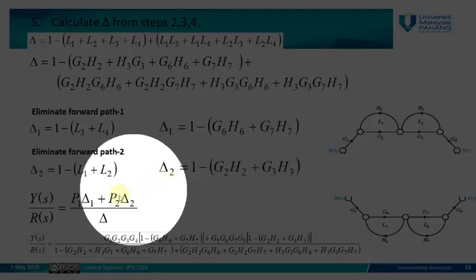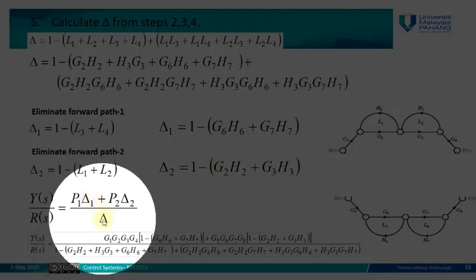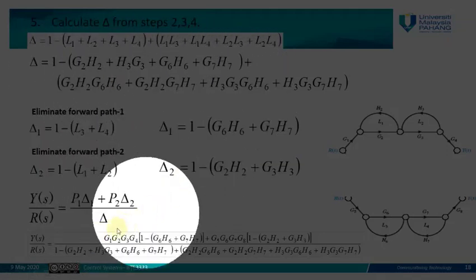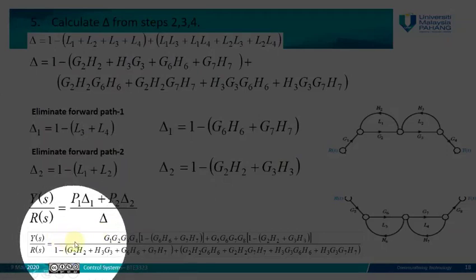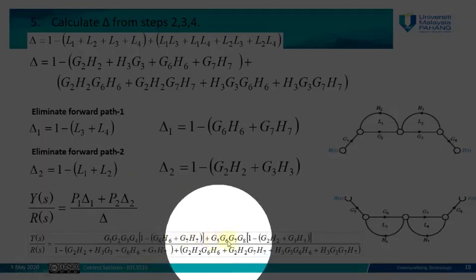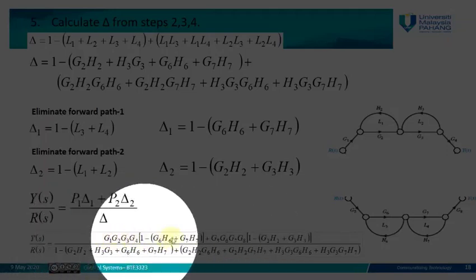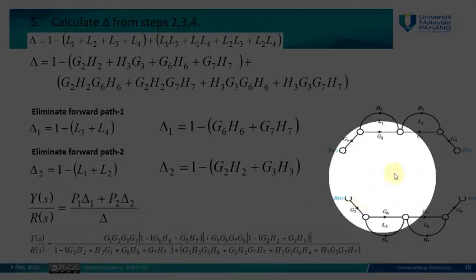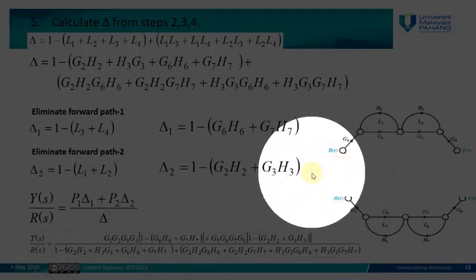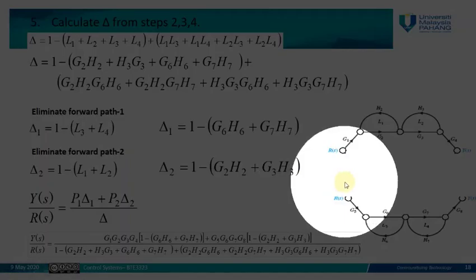The value of delta 2, we substitute here, and then the value of delta, which is here. Now this will be the transfer function of our signal flow graph. And as you can see, it is one transfer function for this complicated control system, which consists of 7 or 8 transfer functions.